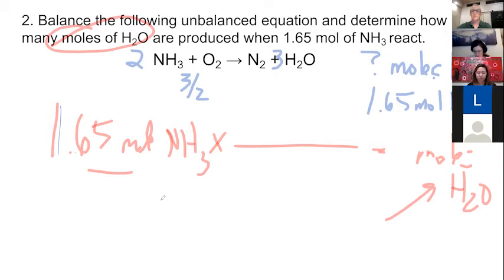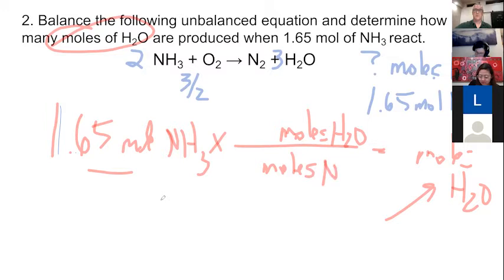So what units do we want on the top? Water. Not just water. What do we want? Moles of water. Moles of water, right. So we want moles of water on the top, and we want moles of ammonia on the bottom.